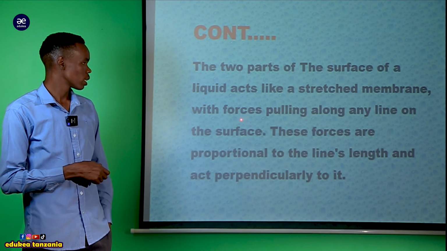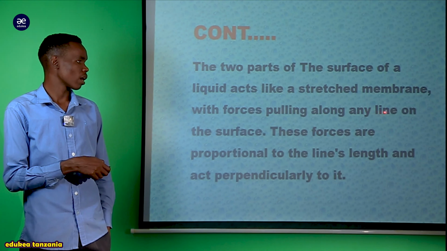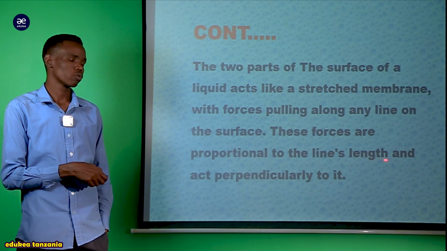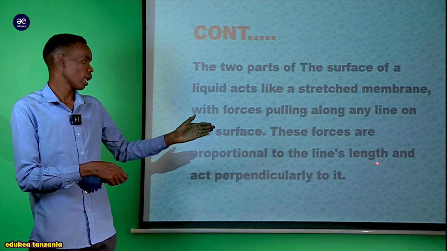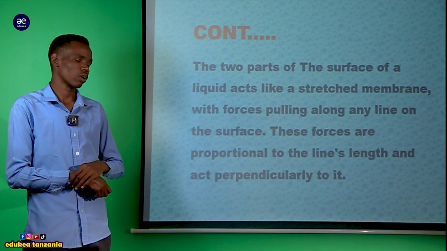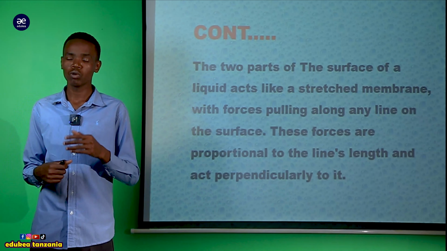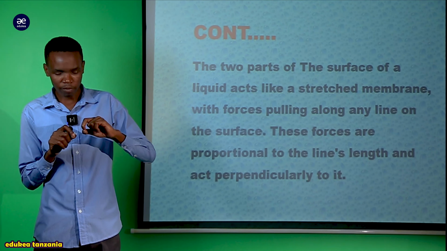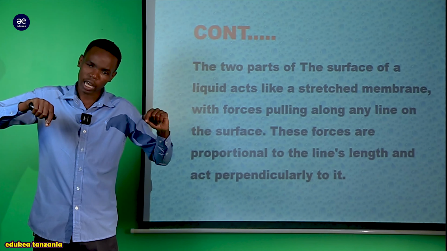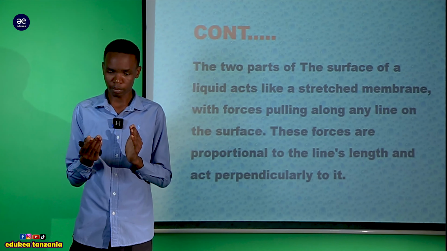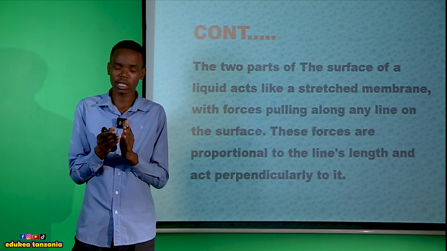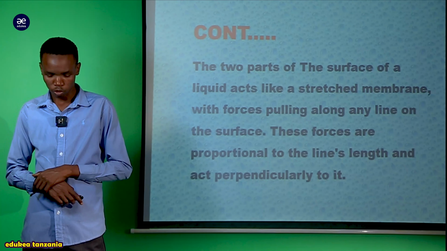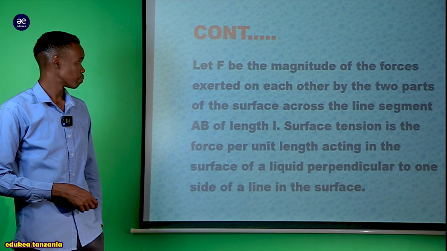This is because the forces pulling along any line on the surface are proportional to the line's length and perpendicular to it. The force acts perpendicularly, pulling upward, but there is another force exerted downward. That means there is a force of attraction separating the liquid into equal parts, as we tried to observe in our figure.